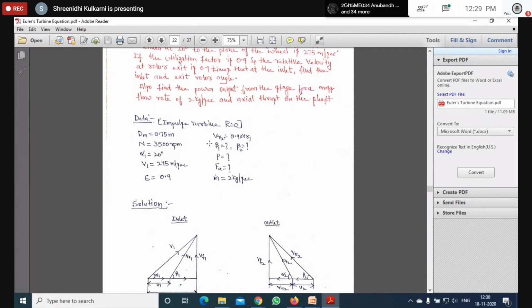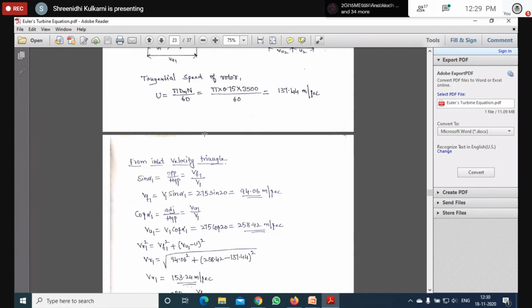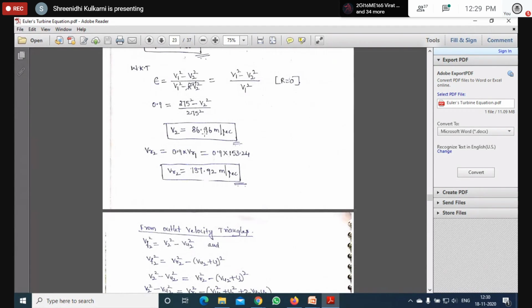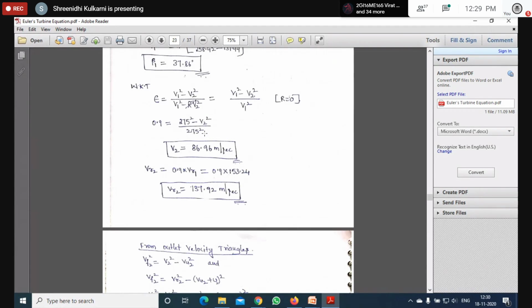We know the relationship between utilization factor and degree of reaction R: epsilon is equal to V1 square minus V2 square divided by V1 square minus R into V2 square. But R is equal to 0, the reason is impulse turbine.